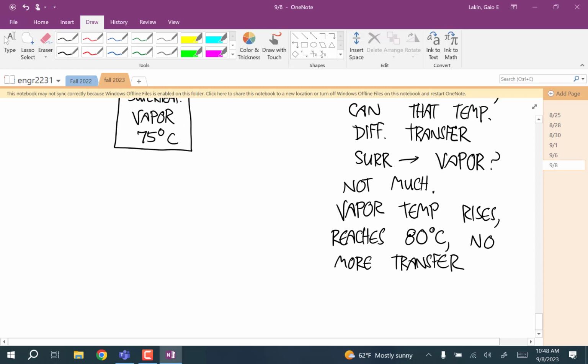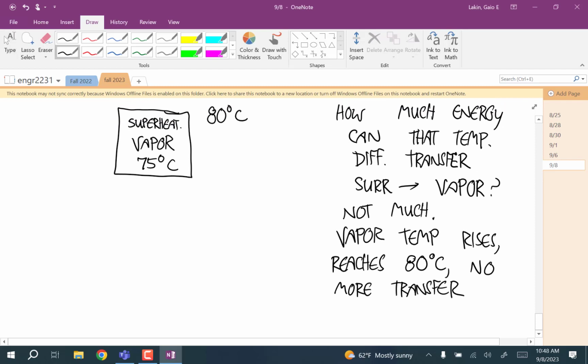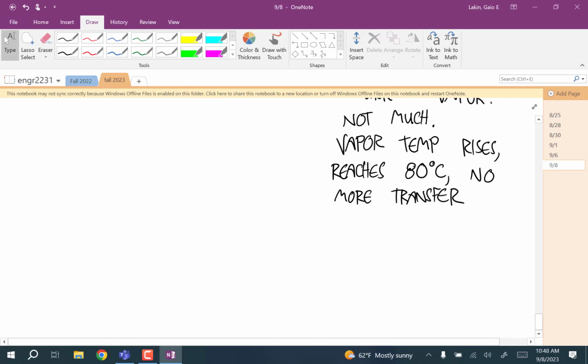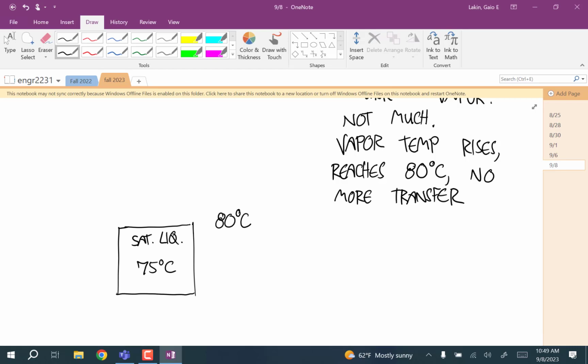But now think of a case where instead of having a superheated vapor at 75 degrees, you have a saturated liquid at 75 degrees. And the surroundings are 80 degrees Celsius. Well, in this case, without the temperatures getting any closer together, you can put in that entire amount of latent heat.